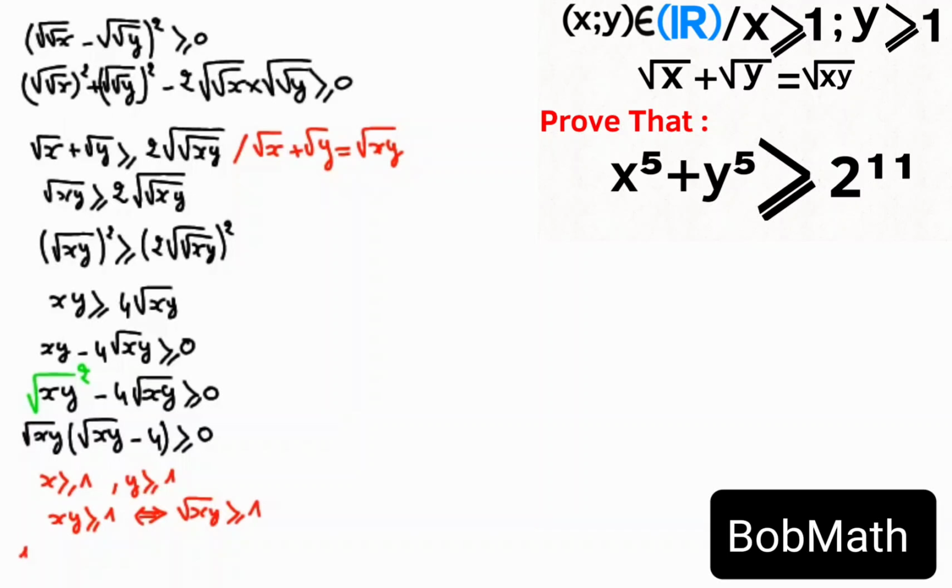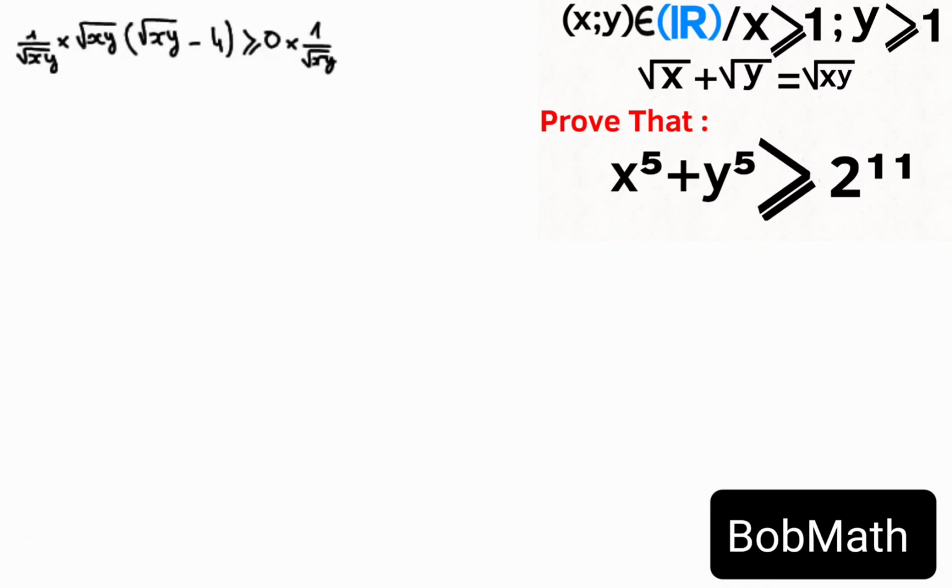So we get 1 divided by square root of xy times square root of xy times (square root of xy minus 4) is greater than or equal to 0 times 1 divided by square root of xy. Now we simplify the number square root of xy. So we get square root of xy minus 4 is greater than or equal to 0, and therefore square root of xy is greater than or equal to 4.